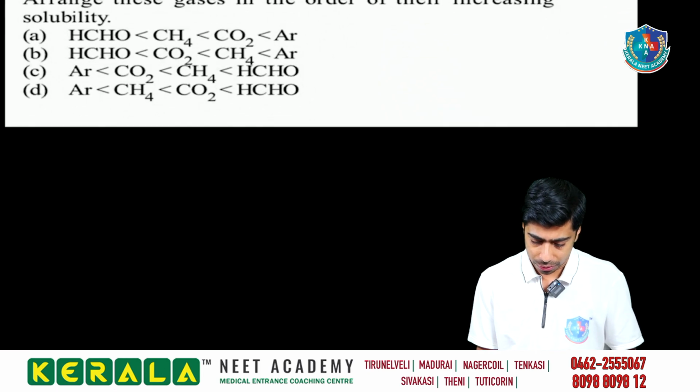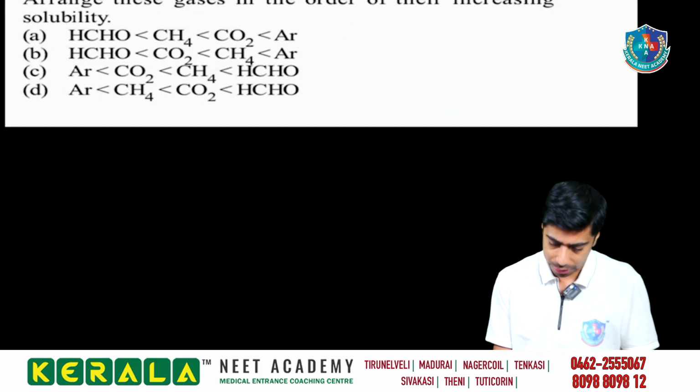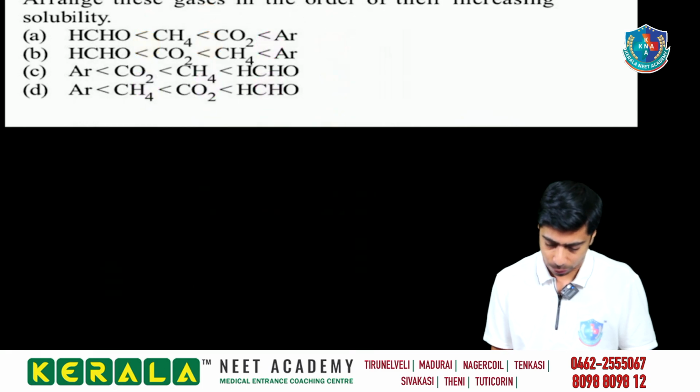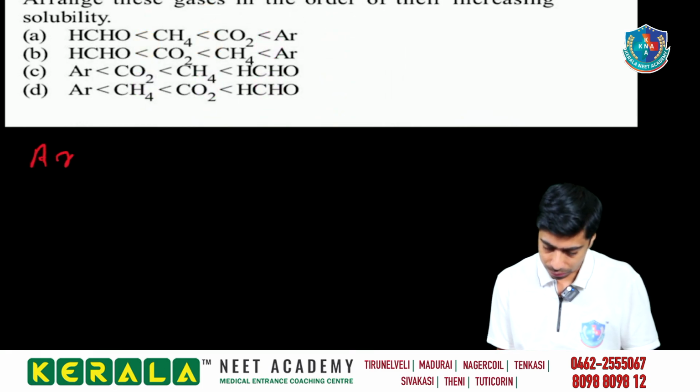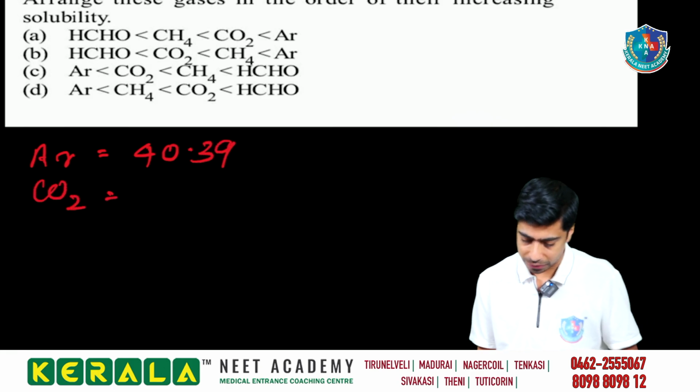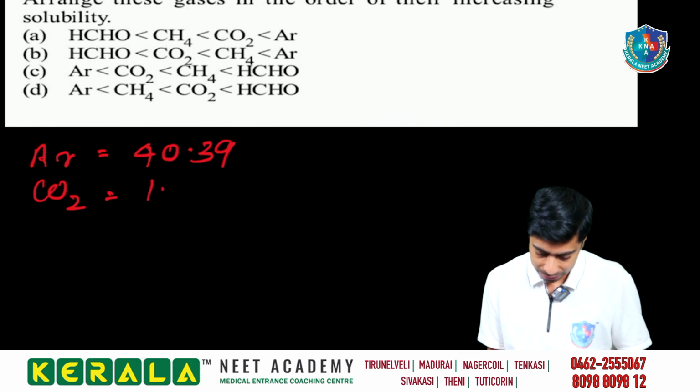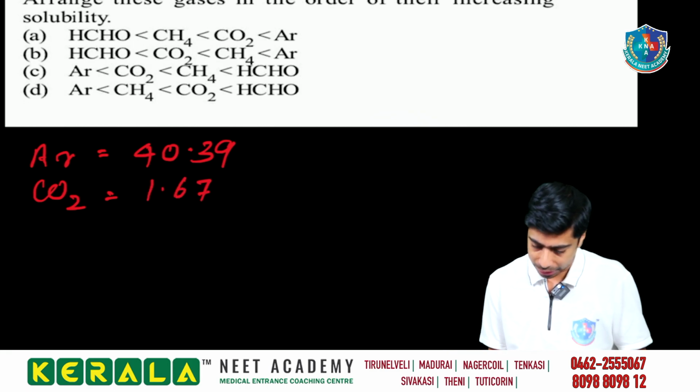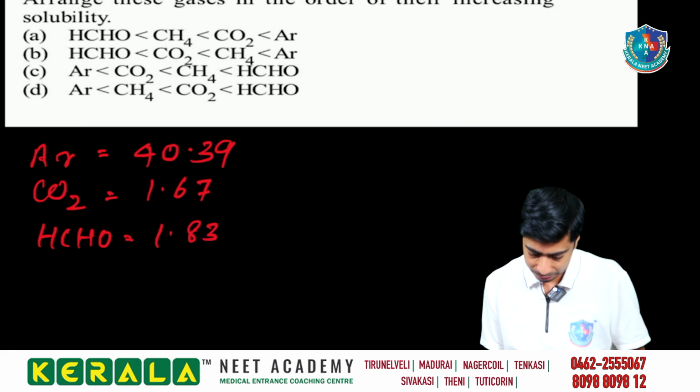Now for argon, the KH value is provided as 40.39. Then for carbon dioxide, the value is 1.67. Then for formaldehyde, HCHO has the lowest value, 1.83 into 10 raised to minus 5.